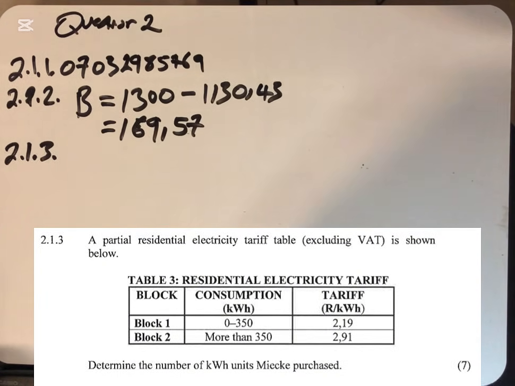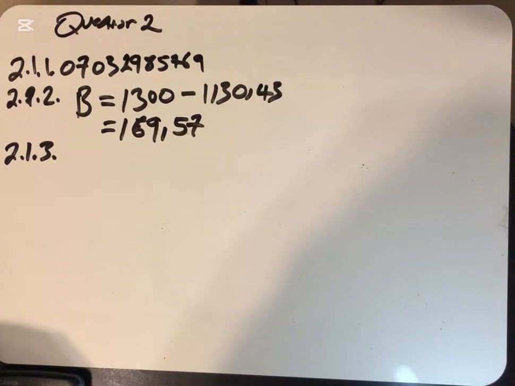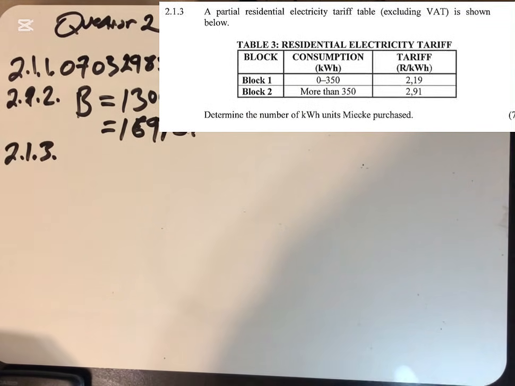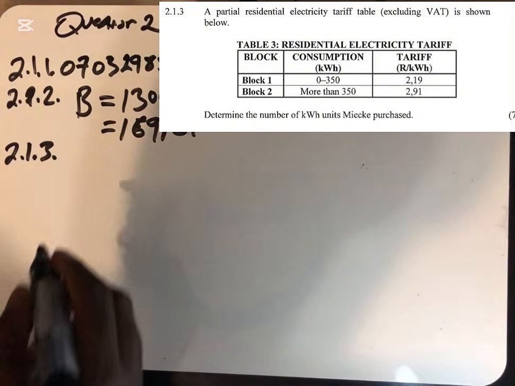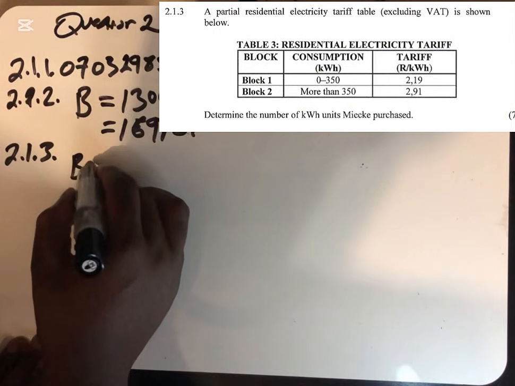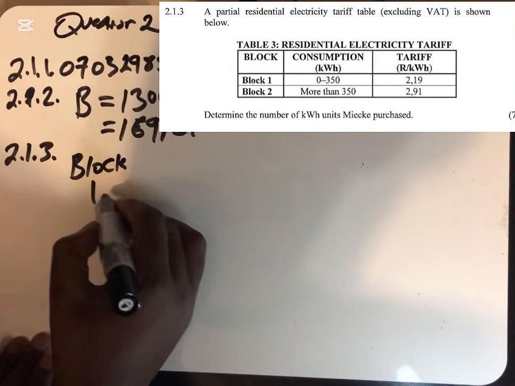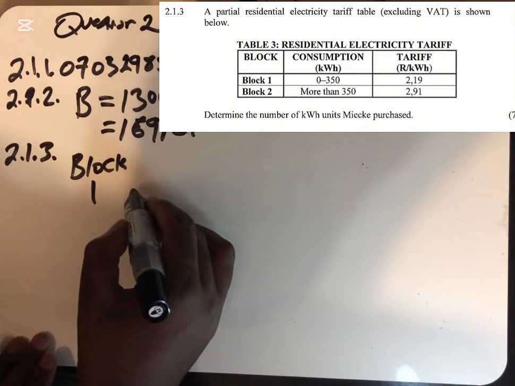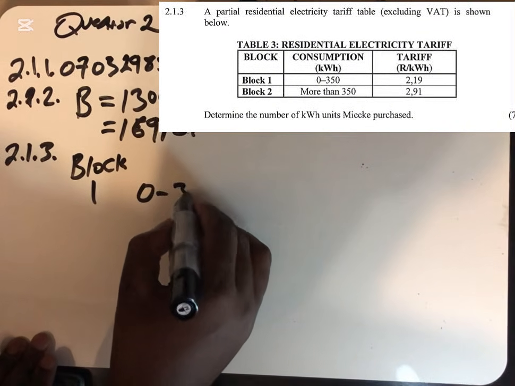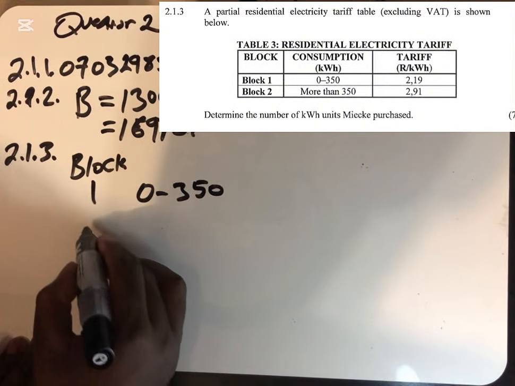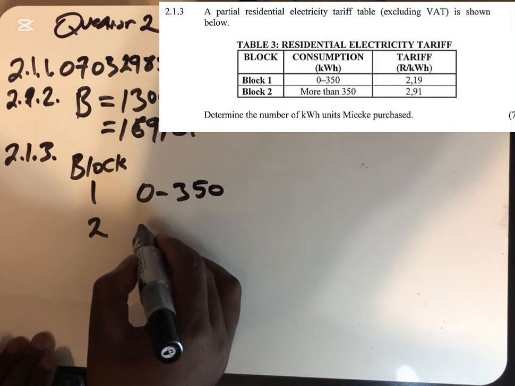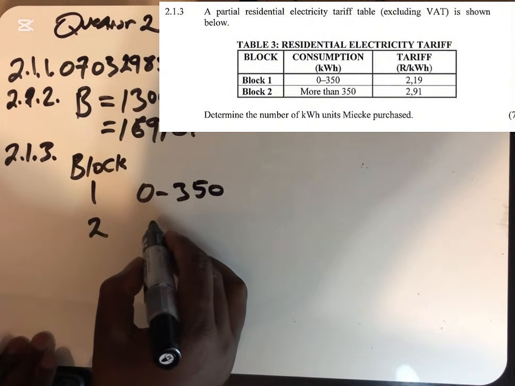So if we check here, we have block 1, block 2. Block 1 accommodates 0 to 350. Block 2 accommodates more than 350.